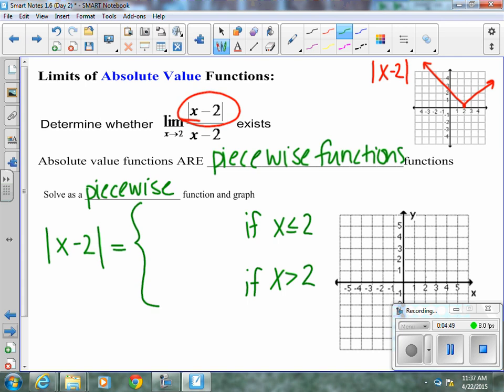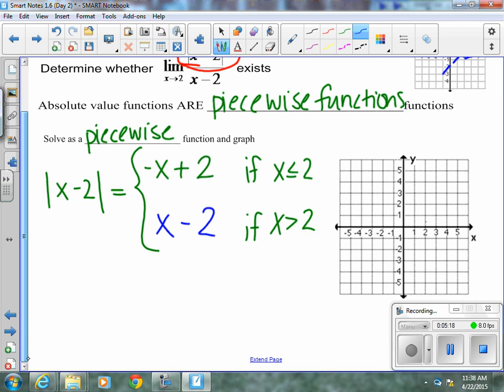If you notice, the left-hand side of this graph, meaning this portion, its equation is negative x plus 2. Slope of negative 1, y-intercept of 2. To the right of that function, if we thought about this and had the graph continue, we would know that it was the function x minus 2, a slope of 1, a y-intercept of -2.